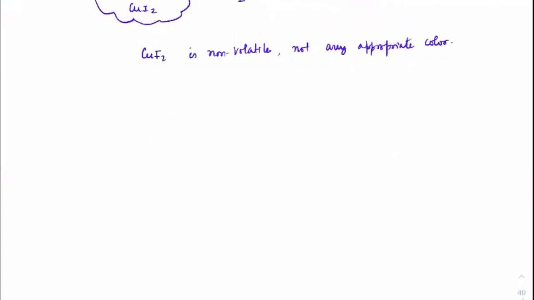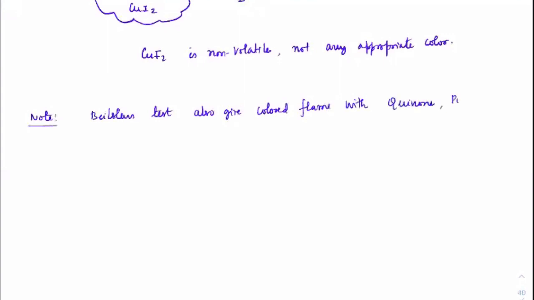As a note, the Beilstein test also gives colored flames with other compounds like quinone and pyridine, which have nitrogen in them.